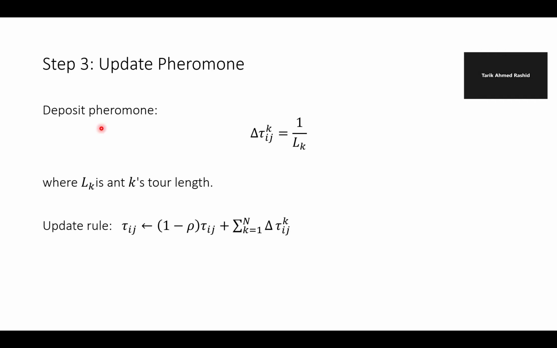Now, the pheromone deposit: how much pheromone an ant can place on the path is 1 over L_K, where L_K is ant K's tour length. Update rule: pheromone equals 1 minus rho multiplied by pheromone, plus the sum of the deposited pheromone. That's the formula.